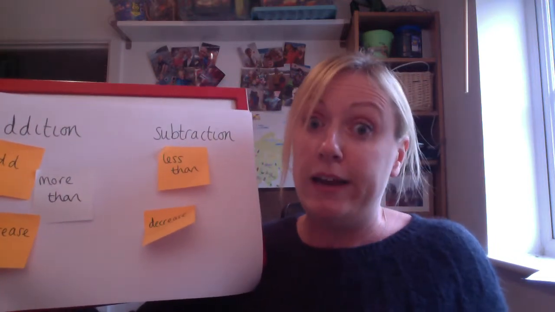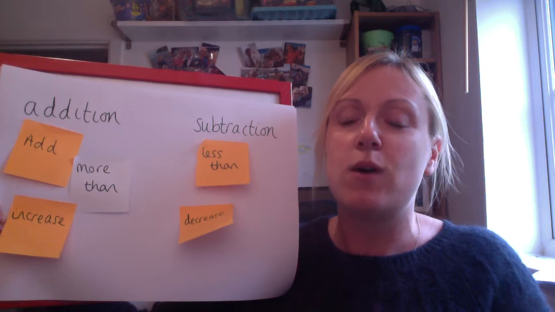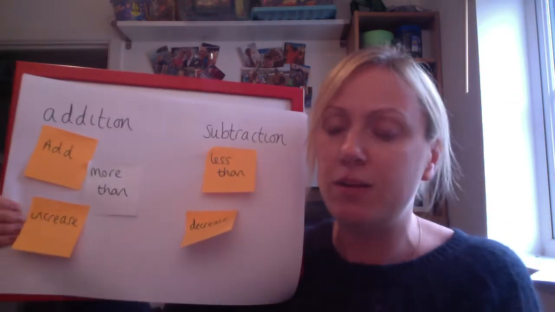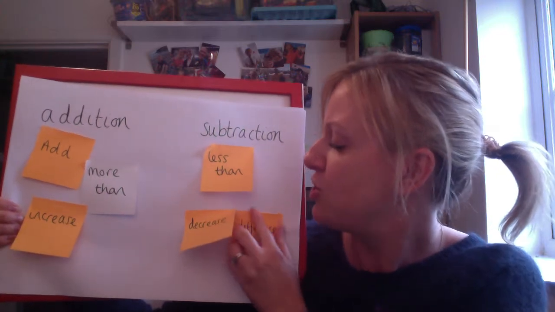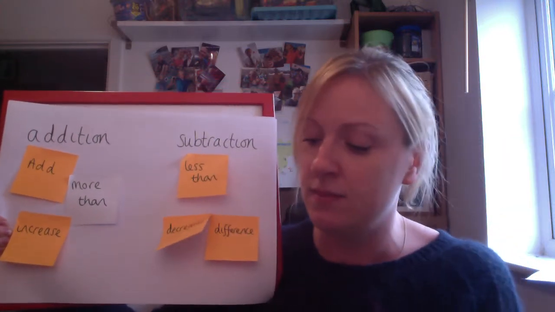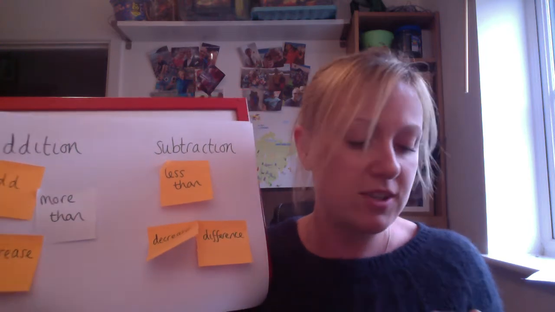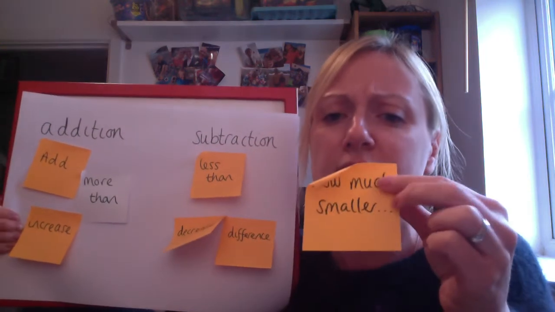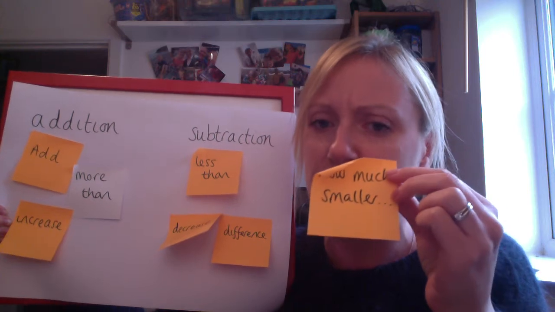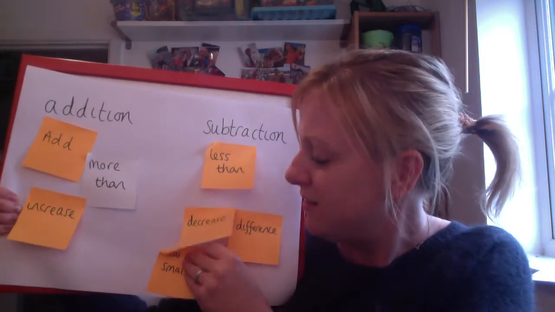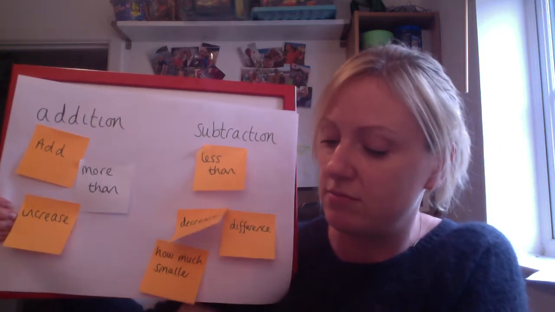This one I really hope everybody knows, and it is the word difference. If we are finding the difference between two numbers, we are going to be subtracting. Here I have another one which says how much smaller is something than something else. If I need to find out how much smaller something is, I'll be subtracting.